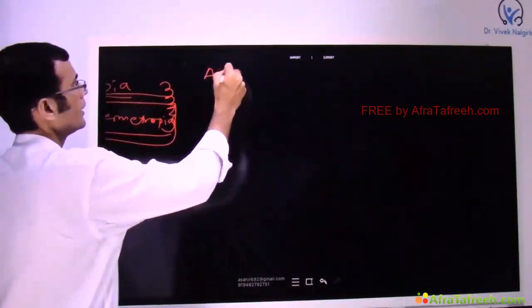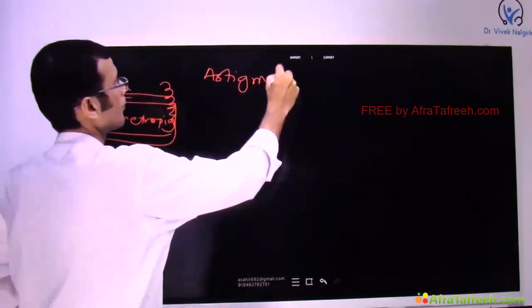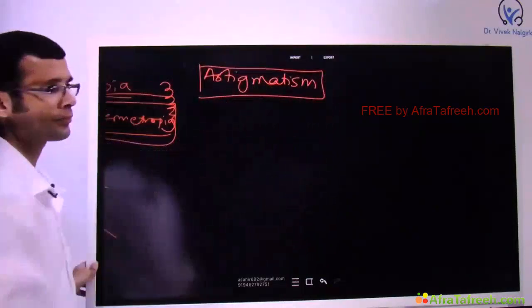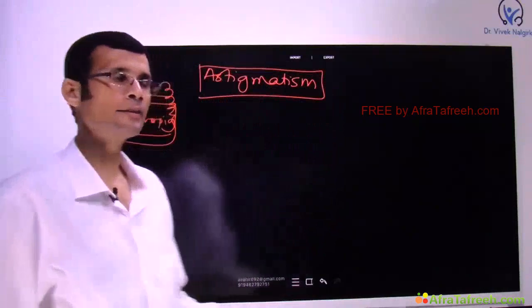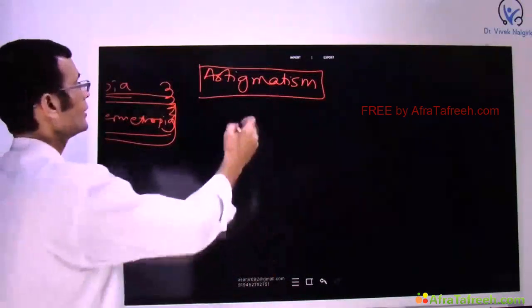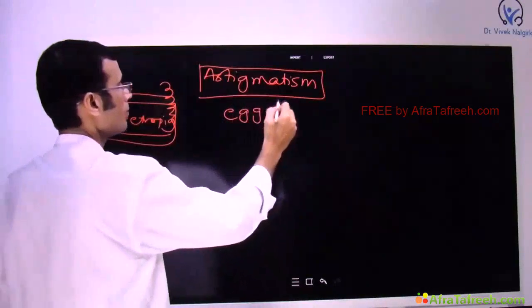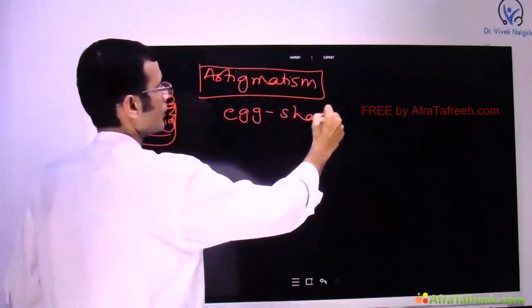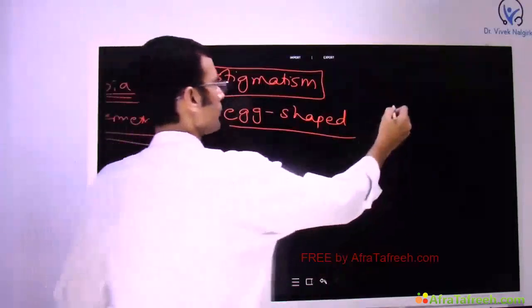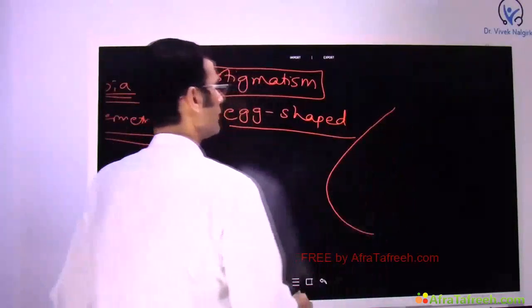And then astigmatism. In astigmatism there is irregular shape of the cornea or lens. Cornea or lens may become egg-shaped. Egg-shaped cornea or lens means what? It has two surfaces.